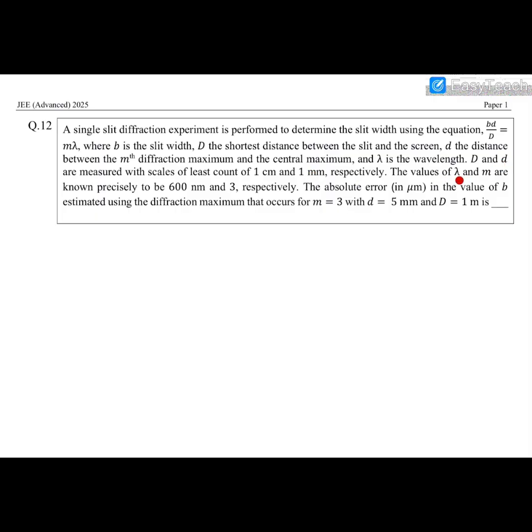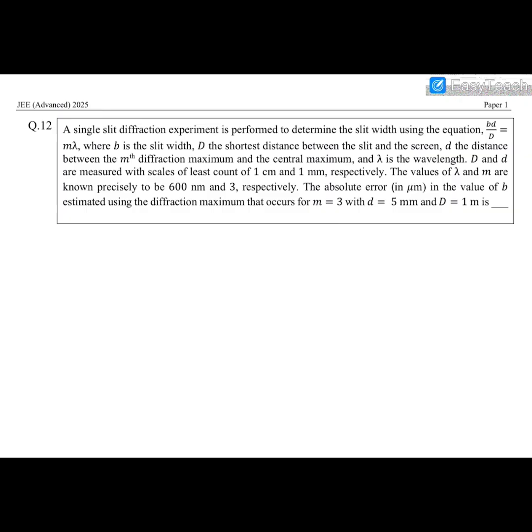The values of lambda and m are precisely known, as in there is no error in the measurement of lambda, as well as no error in the measurement of m. So the value of lambda is this without any error, and the value of m is this. The absolute error in the measurement of b should be.